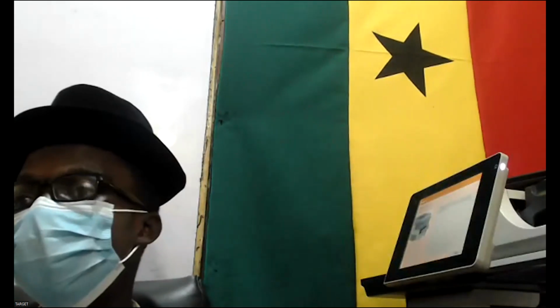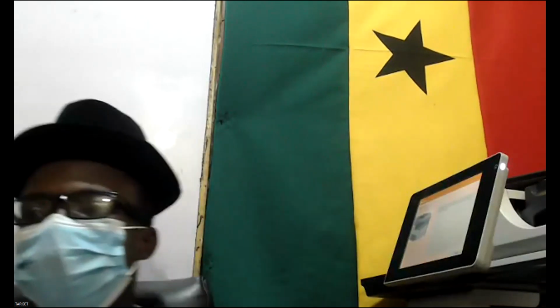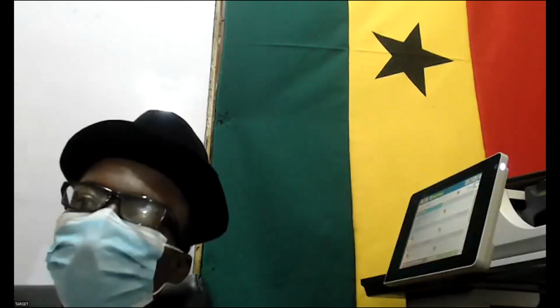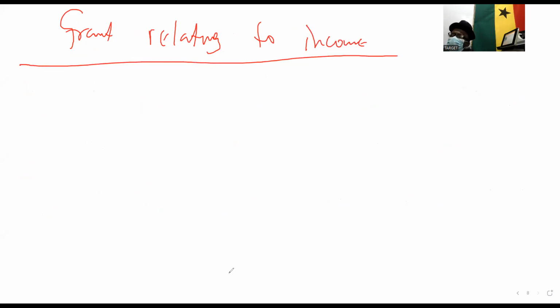Now let's go to the measurement, the valuation of the grant. How do you attach value to the grant that the government has given you? I'm starting with grants relating to income. The government can assist you or take care of your operating expenses.